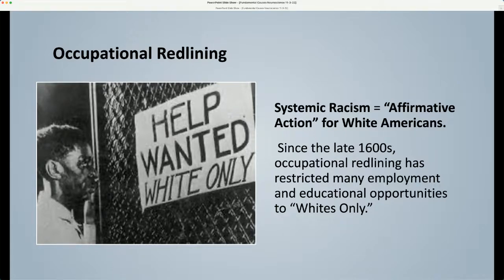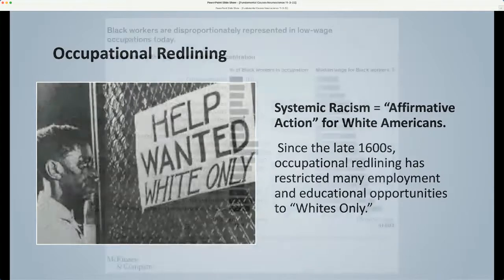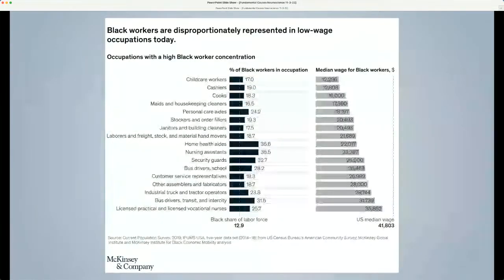So, the redlining of black workers into low-wage jobs contributes to health disparities. Researchers estimate a $220 billion annual disparity between black wages today and what they would be if black representation matched the black share of the population across occupations and racial pay gaps within occupational categories were eliminated.